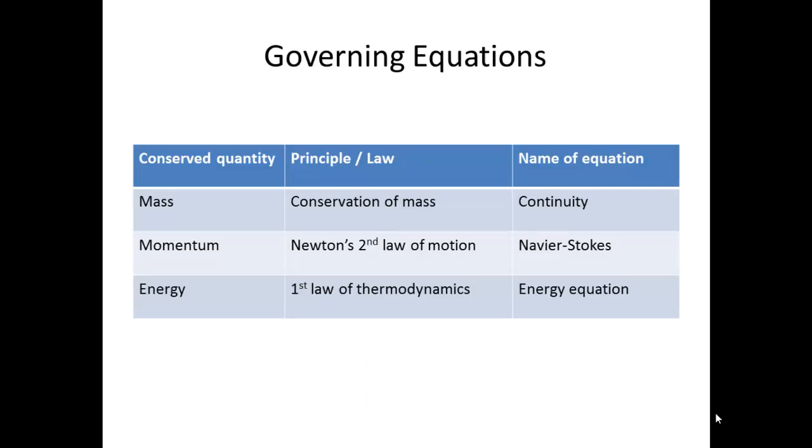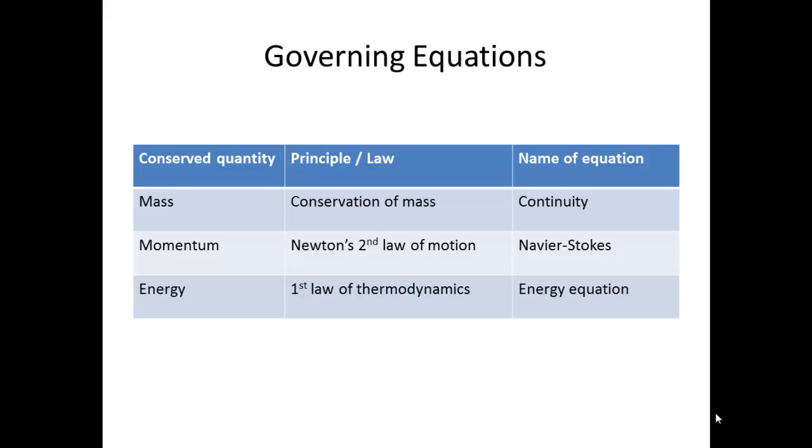So there are basically three important governing equations which are used in convection problems. The first one is related to the conservation of mass, and it is called a continuity equation.